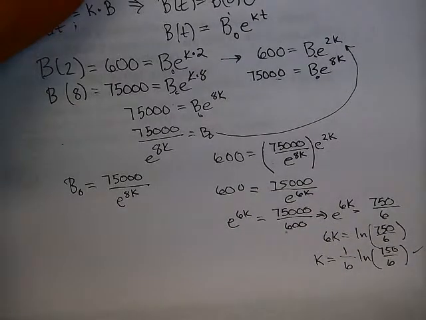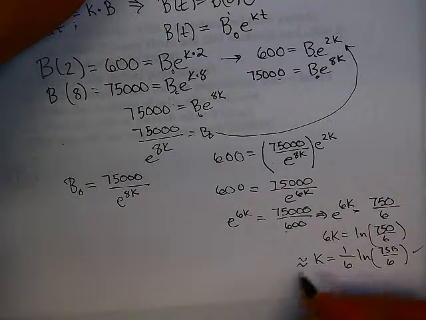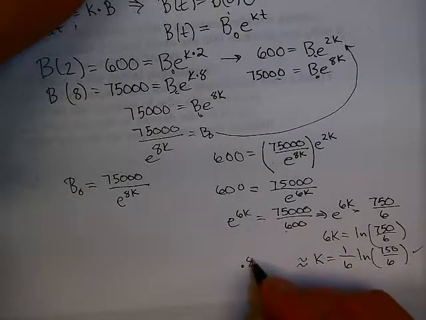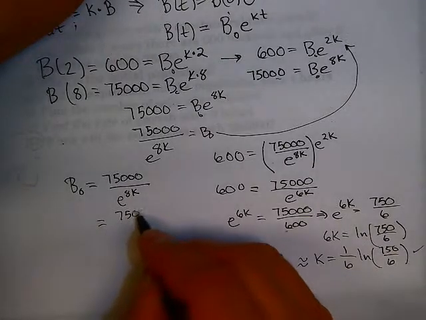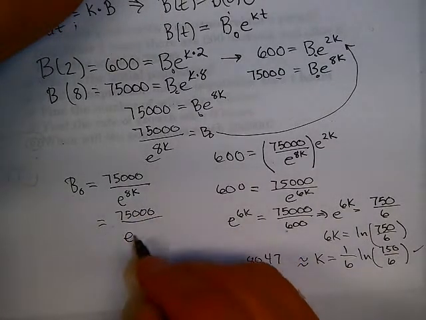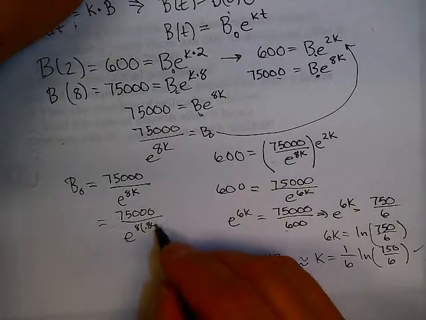I'm going to go over to my calculator. 1/6 times ln 12.5 is 0.8047. So k is approximately 0.8047. So this is 7,500 divided by e to the 8 times 0.8047.